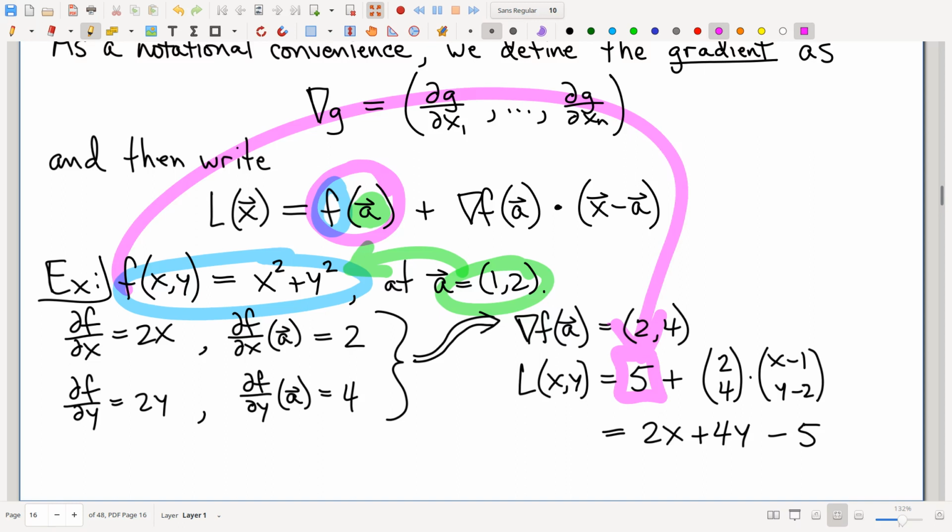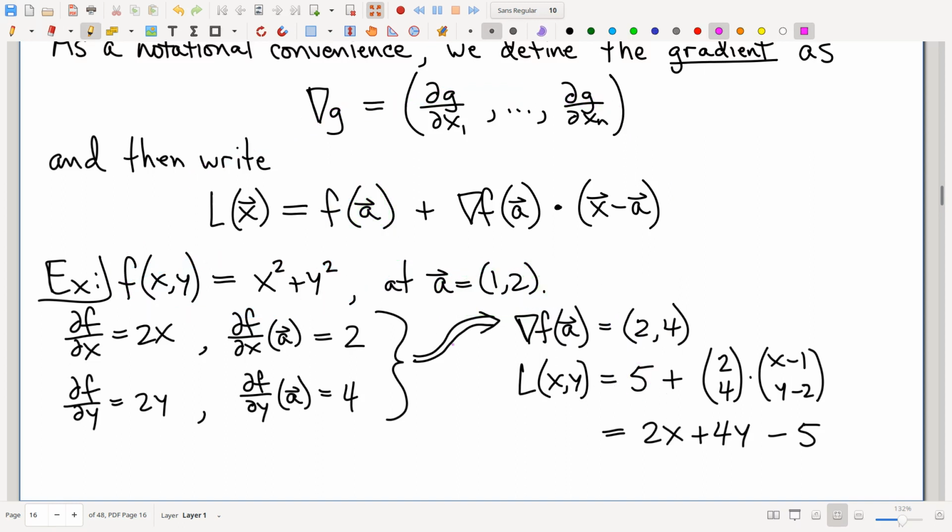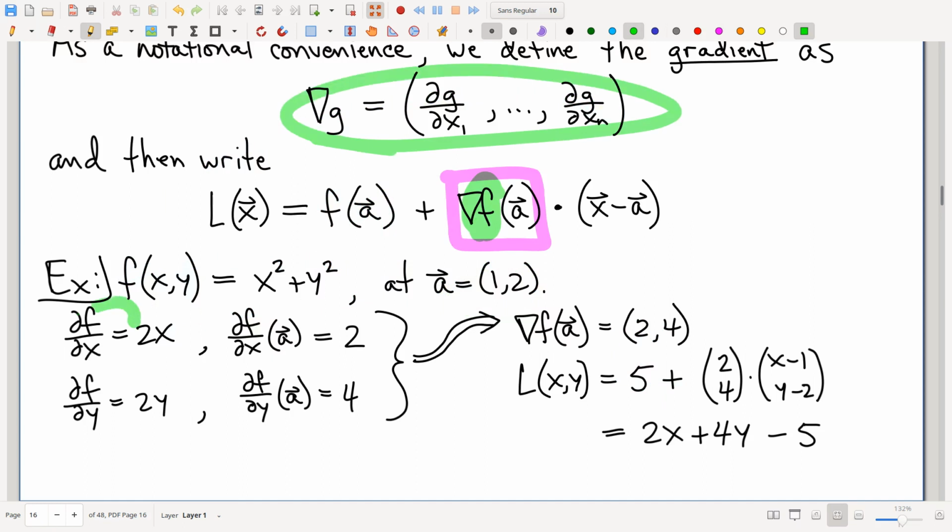Okay. Next term, I'm going to need to compute the gradient. There's a fair amount of effort that's going to go into computing this gradient. First of all, remember that the gradient is all the various partials, so I compute the various partials. We've just talked about partials, so y'all are, of course, going to rehearse the process of how to compute partials.